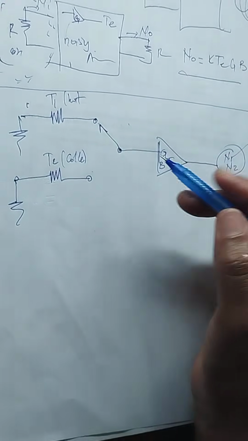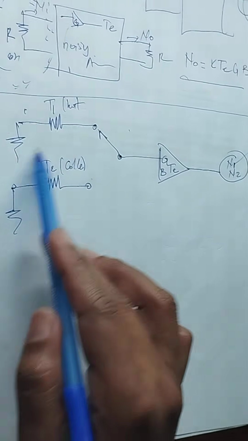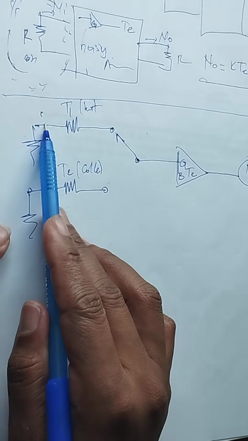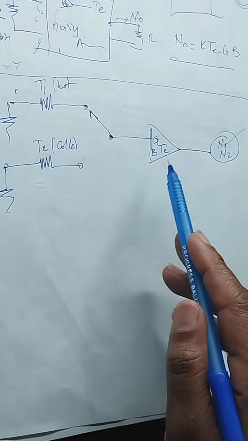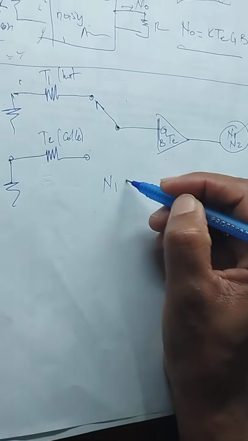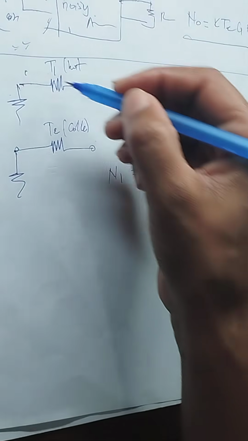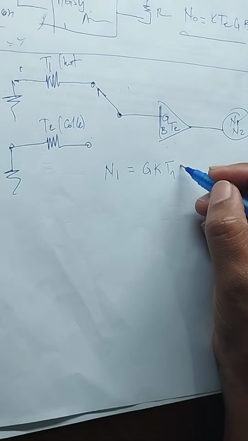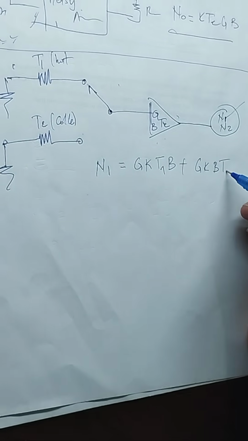So if we need to find N1, of course we have the input power here added to the equivalent temperature and the equivalent value of the amplifier, means N1 is equal to k T1 times the bandwidth plus k B times the equivalent temperature.